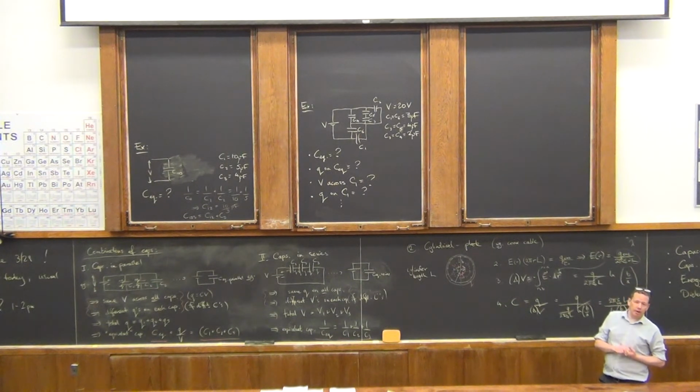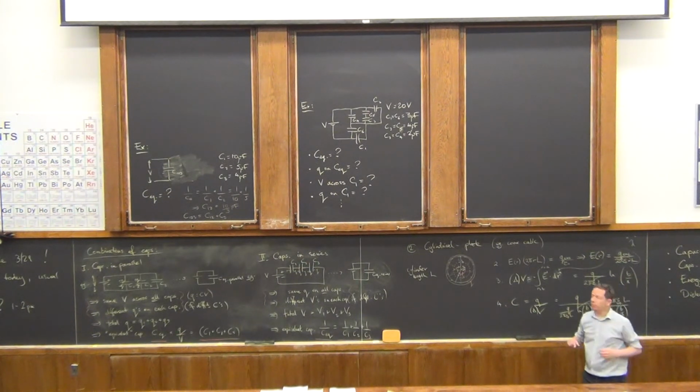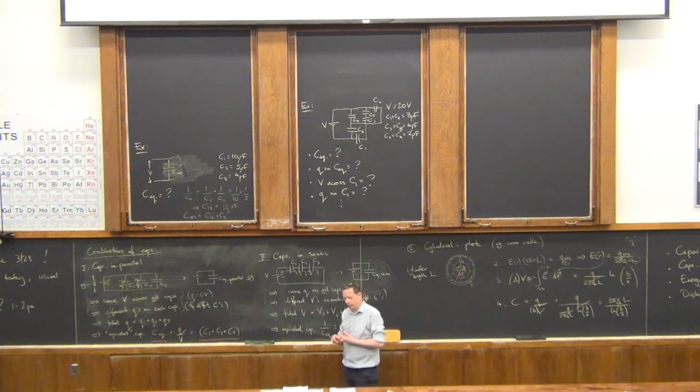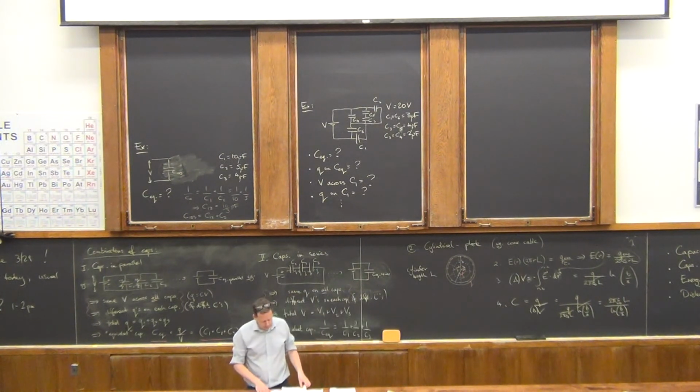And then the more tricky part is, having simplified it to get those first 2 answers, you're going to go back and complicate it again, in the sense that you're going to look at each individual component to figure out what charges and potential differences are on those components. Questions before you guys work on that for a few minutes?